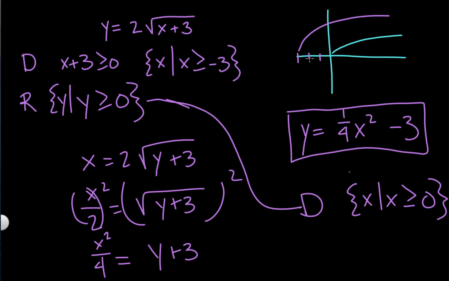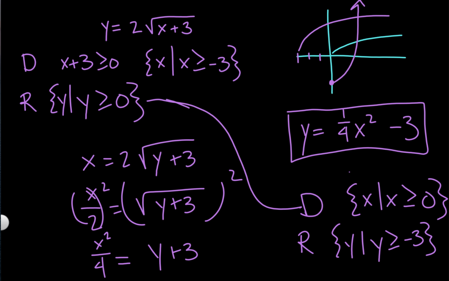And that's going to give me the positive branch here. So that'll give me this. My range, this vertex here is at 0, -3. So I get the set of all y such that y is greater than or equal to -3.